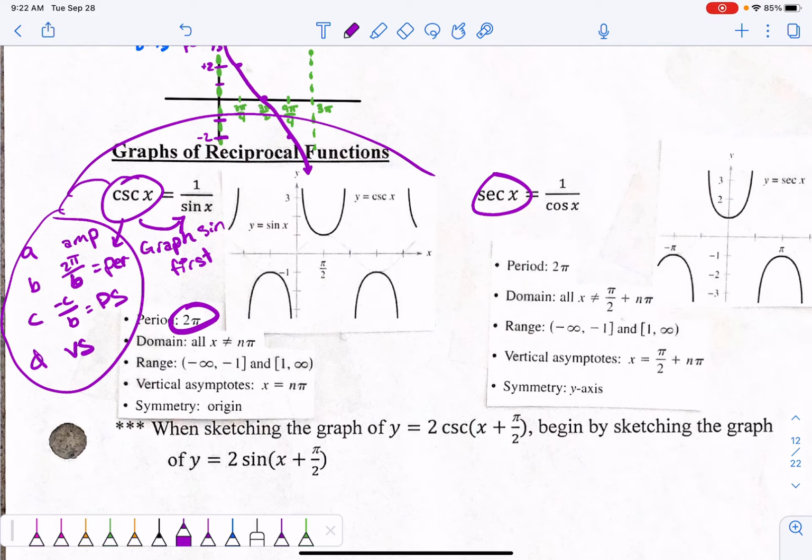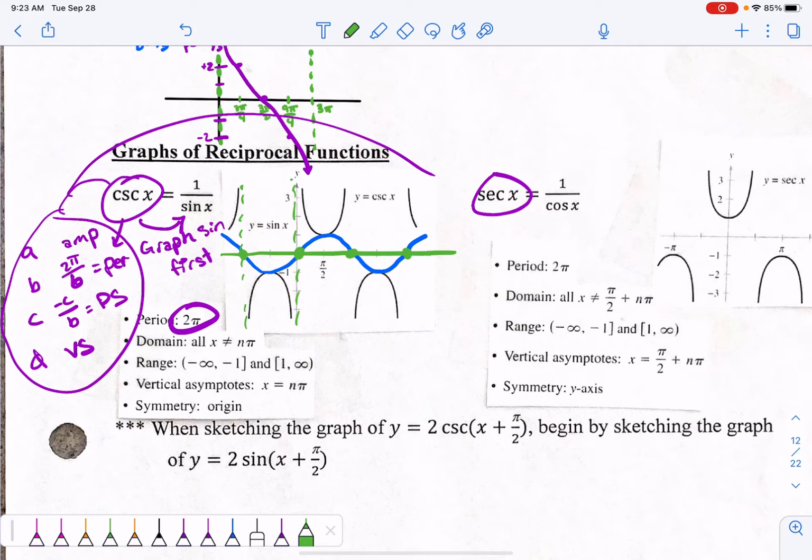The only difference is when we have sine, I don't know if you can see, let me do a different color, the sine function right here, this is what sine looks like. Then where your middle line, which is usually on the x-axis, is hitting your sine function, like at these dots right here, this is where vertical asymptotes will be.